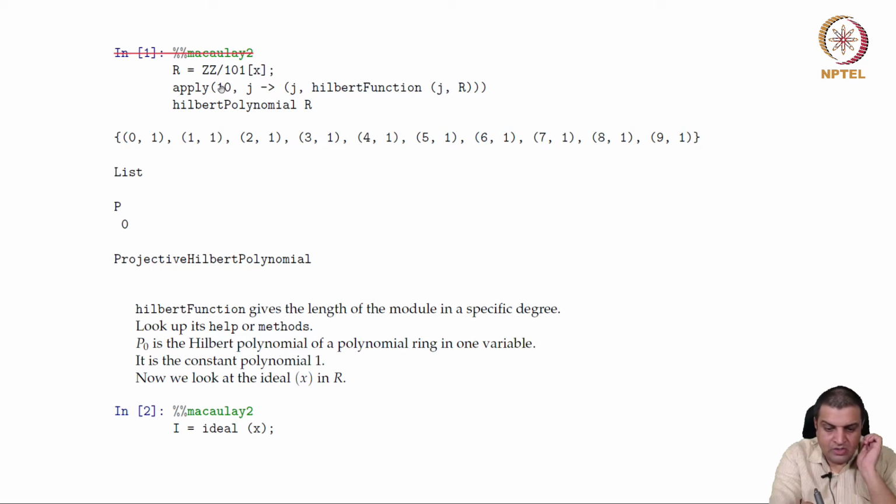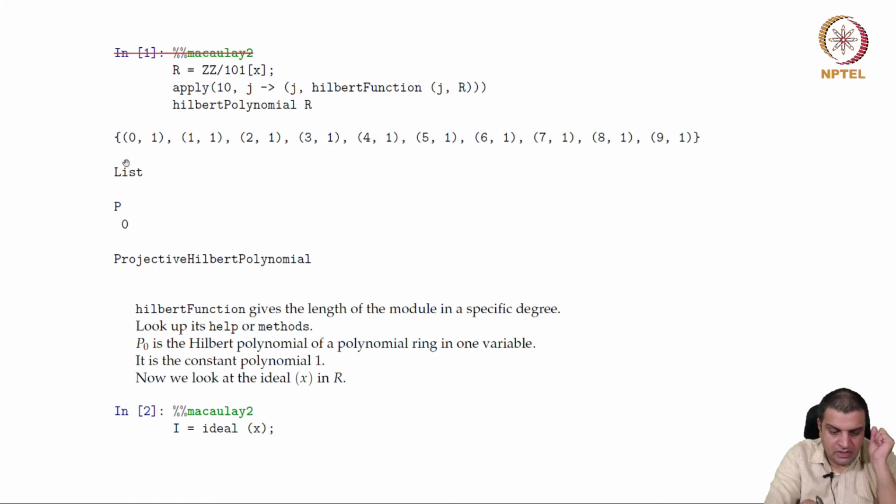Apply 10 means integers 0 through 9, and the function j goes to j and the Hilbert function, just for printing and reading. It says in degree 0 it is 1, degree 1 it is 1, degree 2 it is 1, and so on, which is what is expected because the basis is x to the j. So in each degree it is going to be 1.